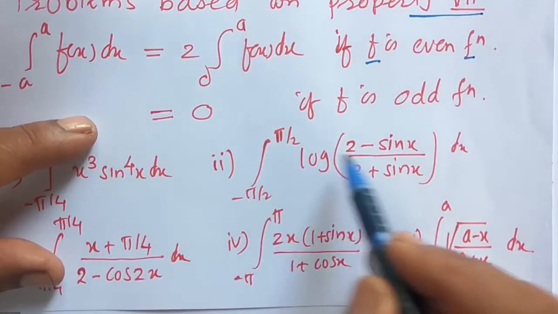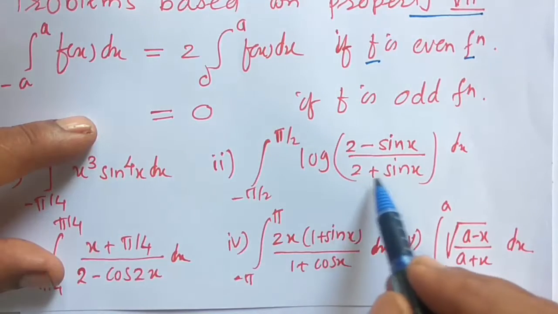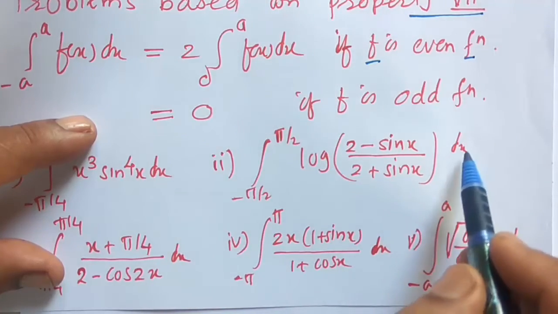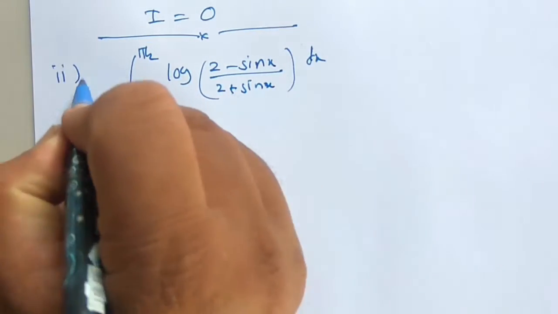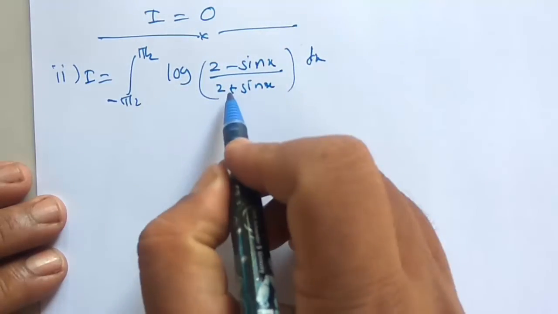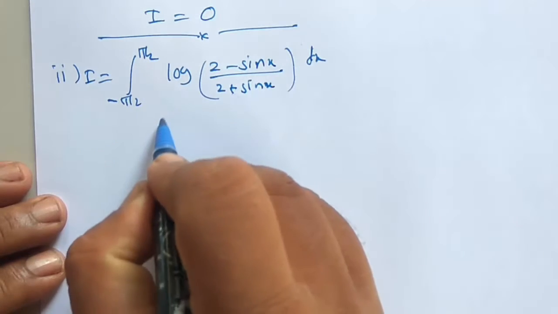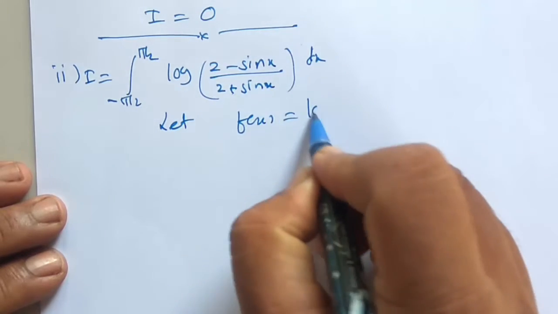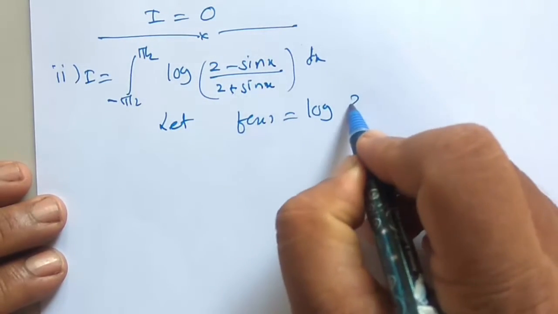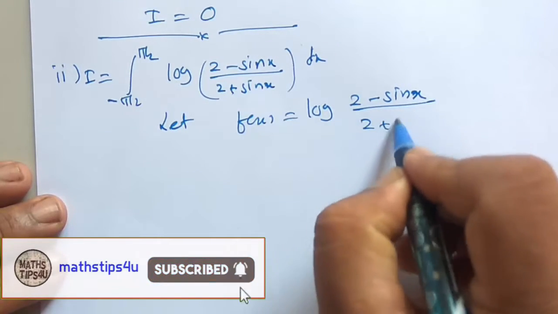integration from minus pi by 2 to pi by 2 of log of 2 minus sin x upon 2 plus sin x dx. Now we will see whether the function f is even or odd. For that, let us denote f of x is equal to log of 2 minus sin x upon 2 plus sin x.